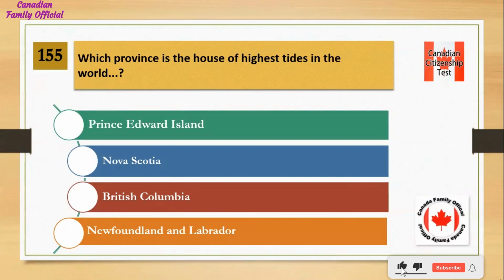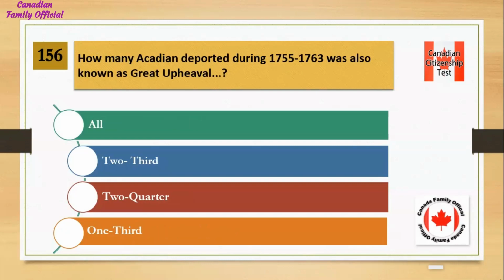Which province is the home of highest tides in the world? Number 1 Prince Edward Island, Number 2 Nova Scotia, Number 3 British Columbia, Number 4 Newfoundland and Labrador. And the answer is Nova Scotia.